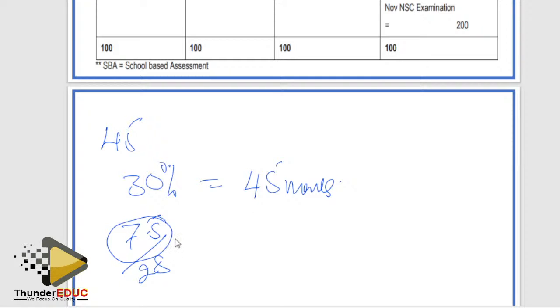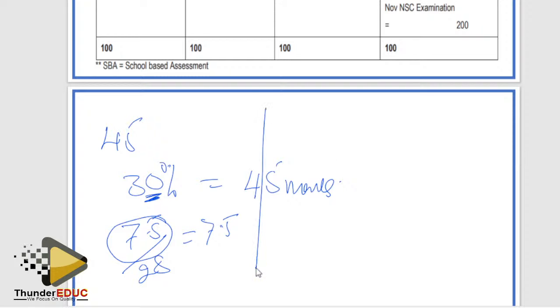Is it clear? So for you, from your CAS mark, the minimum is 7.5 out of 25; below that, it becomes a problem.